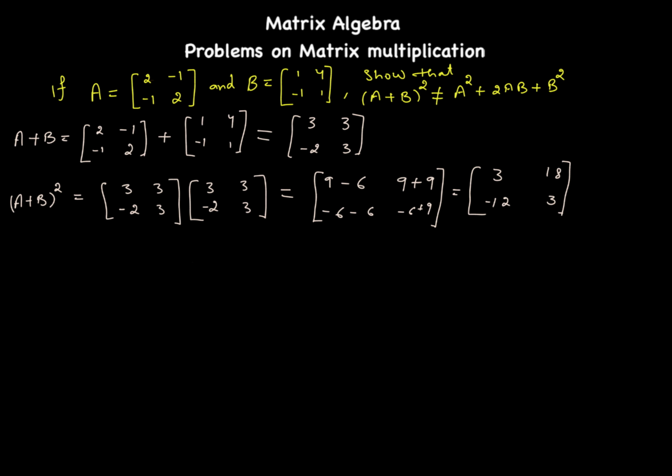So now I'm going to work on the right hand side, which is A squared plus 2AB plus B squared. Let's write it down over here.